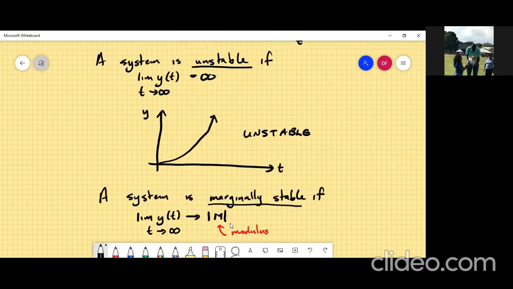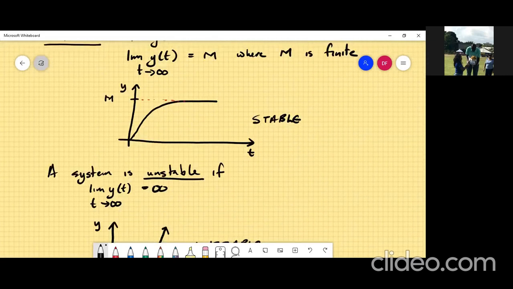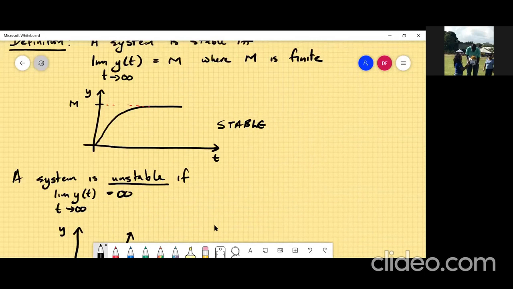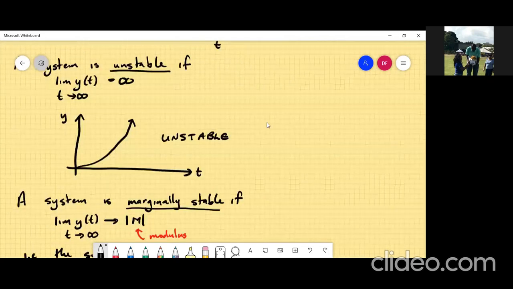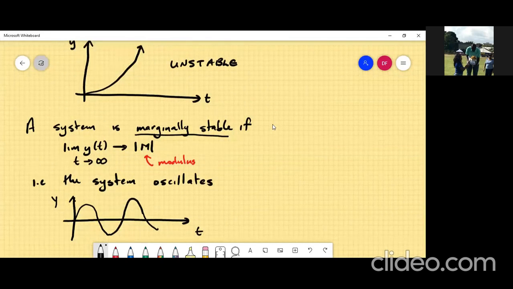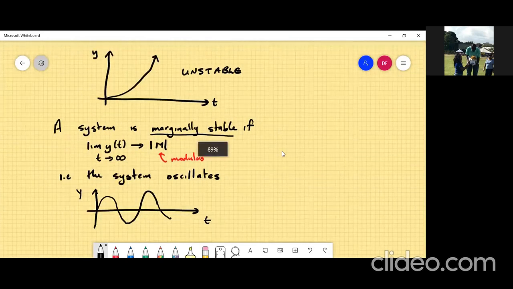And it is stable if it goes to a finite value and stays there. So bearing that in mind, we want to look at some things mathematically.